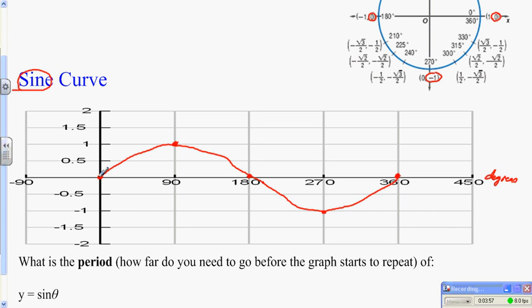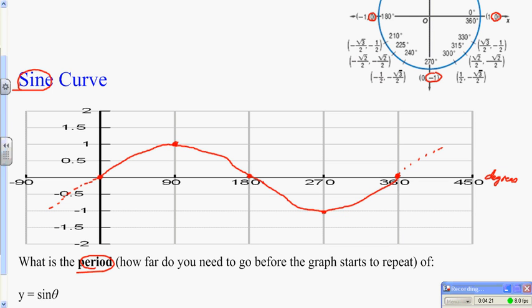So sine, as you go along the unit circle, increases in value up to 1, and then it starts to decrease again to be at 0, and then it becomes negative in the third and fourth quadrants, and then comes back to 0. Now, if I continued this on, the pattern would start over. And this is what's called the period.